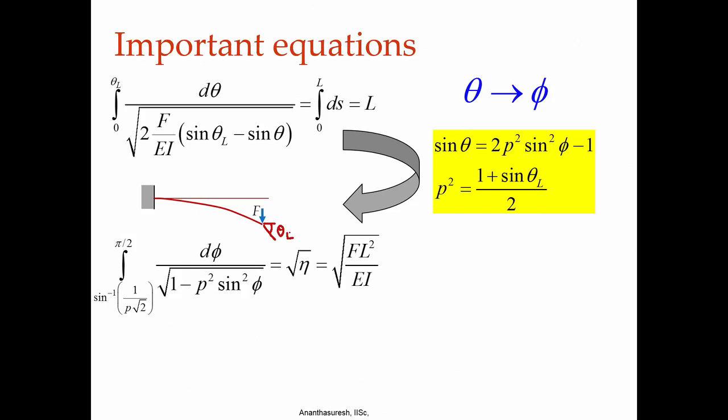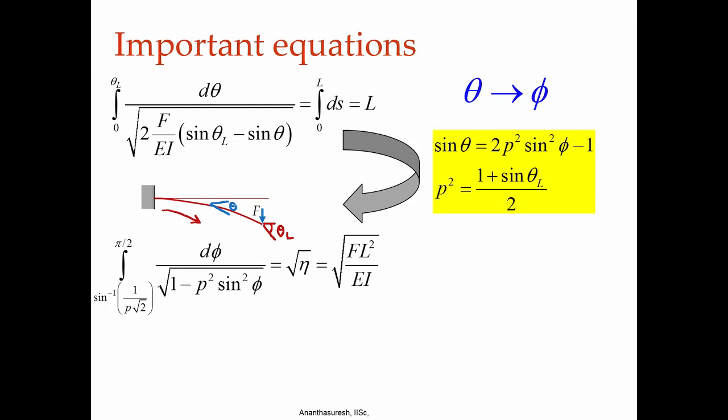So, we go in terms of this parameter S, which is measured along the deformed beam. When S is equal to L, we have theta L. Any other point, if I take an intermediate point over there, the slope at that point will be just theta.